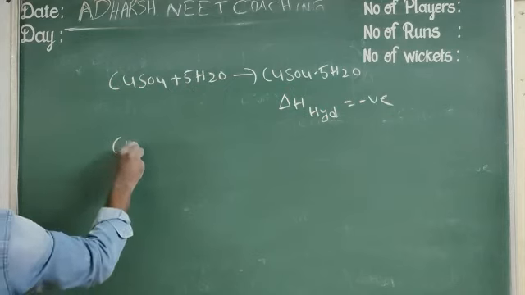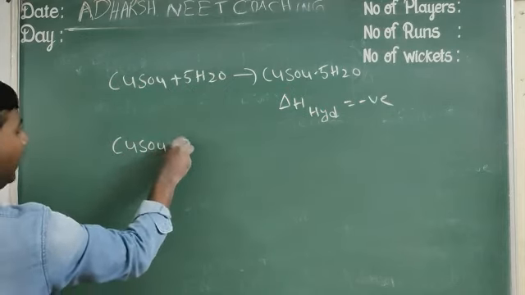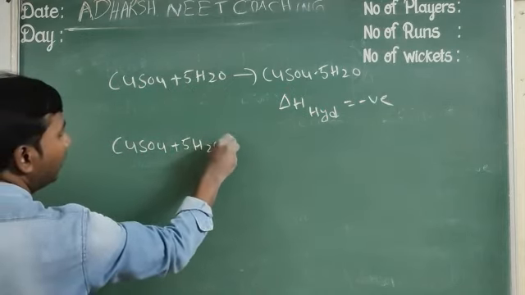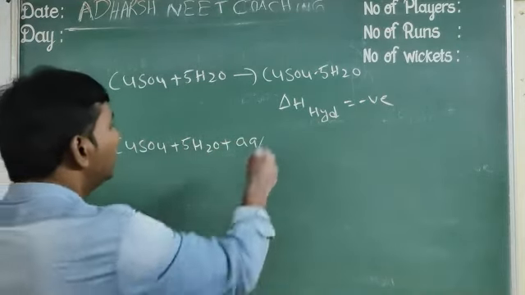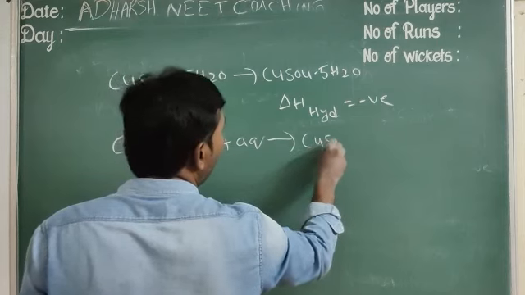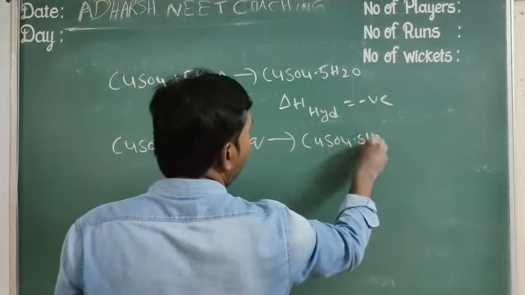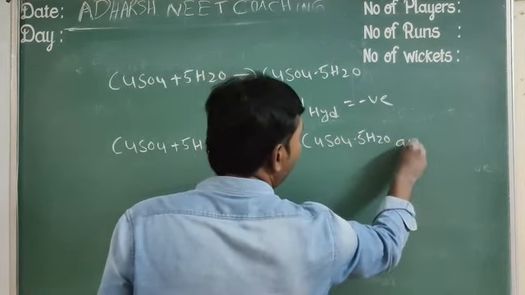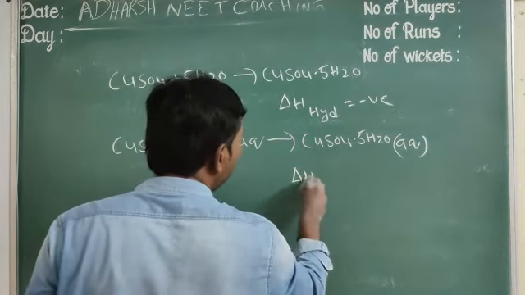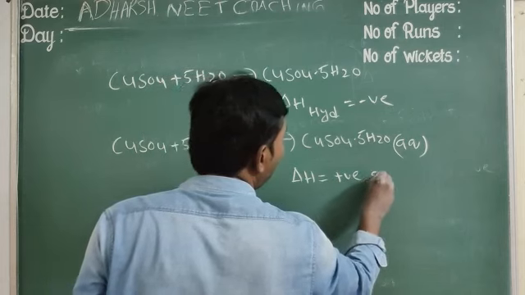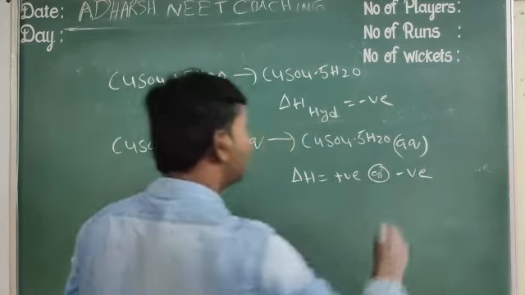Next, CuSO4 plus 5H2O plus aqua, a large amount of solvent, then CuSO4·5H2O aqua. This may be positive or negative.